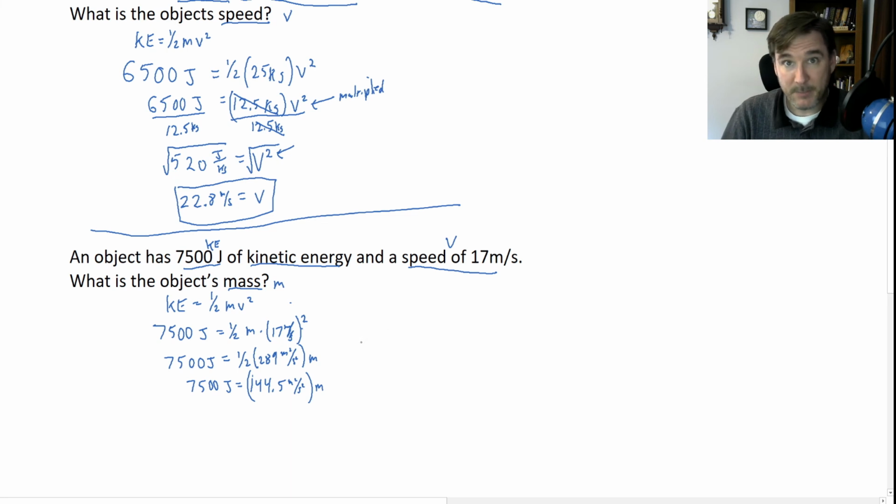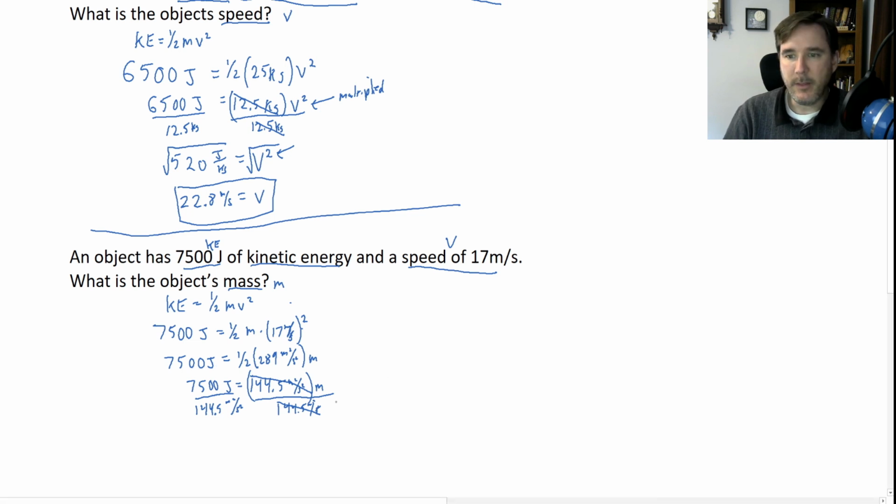But I want to get mass by itself. And so since I'm multiplying, I have to divide by 144.5 meters squared per seconds squared. That'll cancel that out. And whatever I do to one side, I have to do to the other. So 7,500 divided by 144.5.